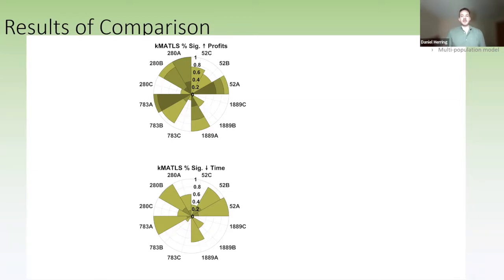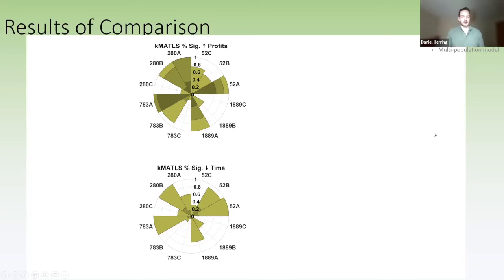And the colors indicate how many of the other methods the significant improvement is over, with corrections for multiple comparisons applied. The darker shade indicates significant improvement over all three of the other methods. The mid-tone is over two of the other methods, and the lightest shade is for significant improvement over just one other method.